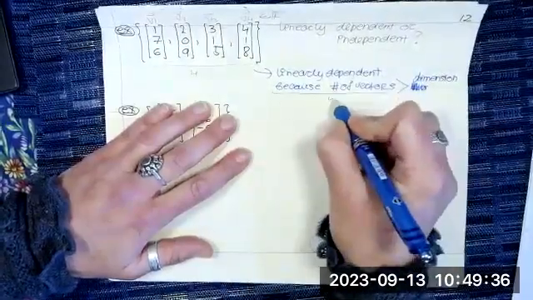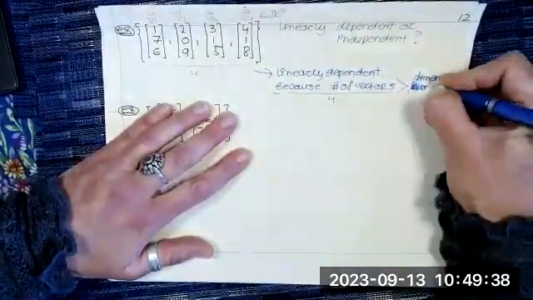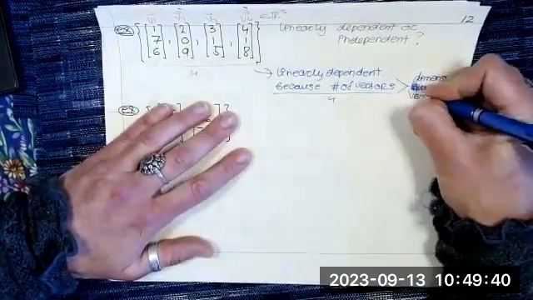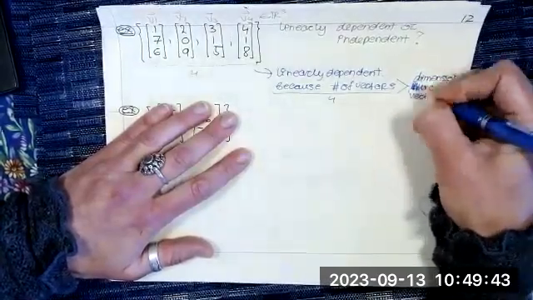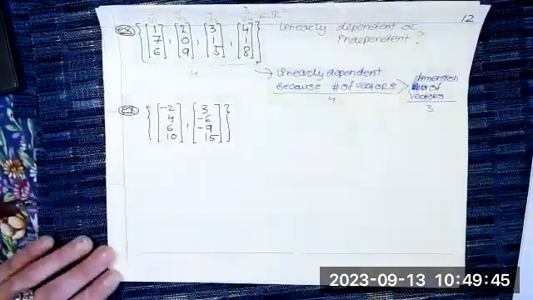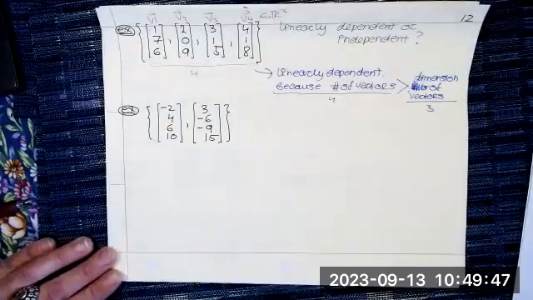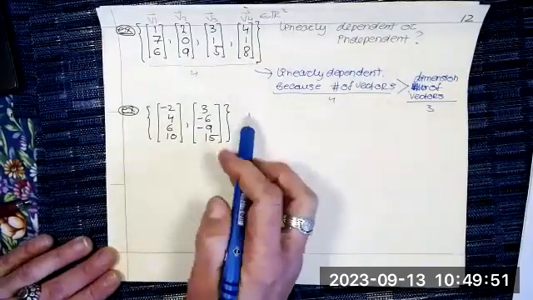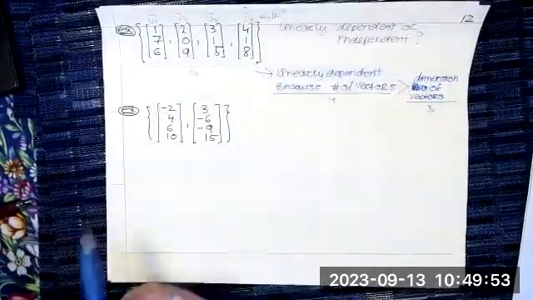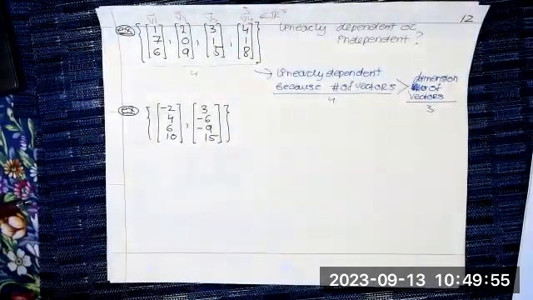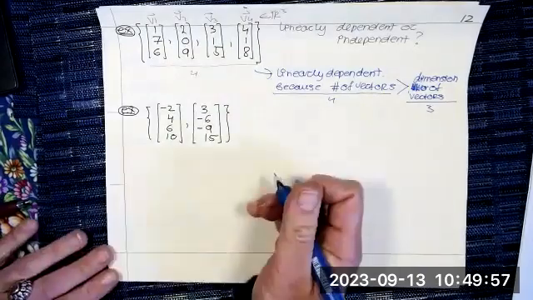The number of vectors is 4, and the dimension of vectors is 3. So you don't have to do anything else. Conclude linearly dependent.